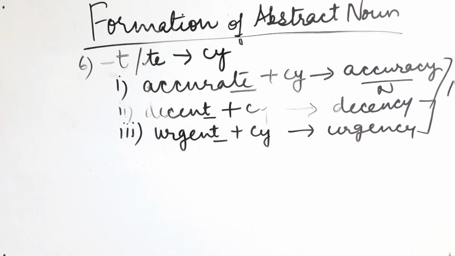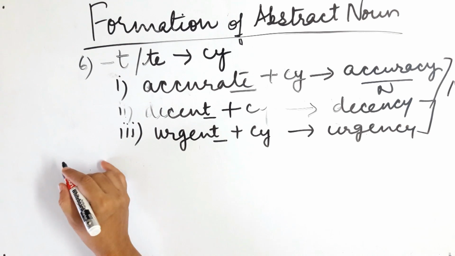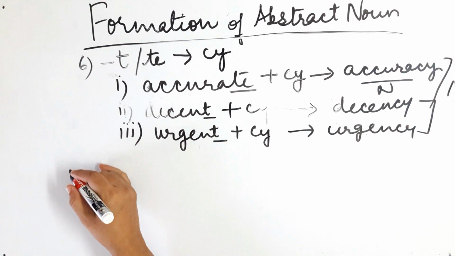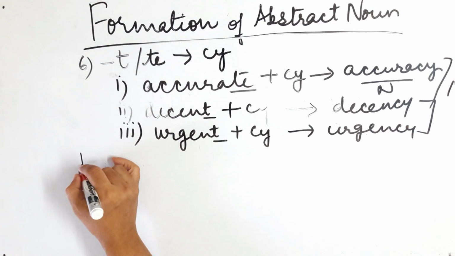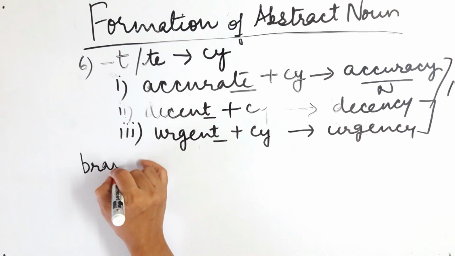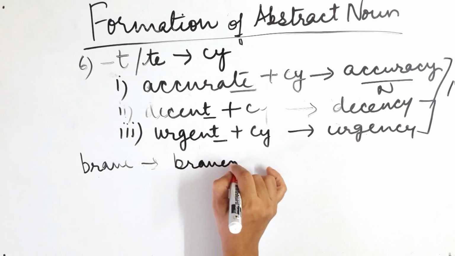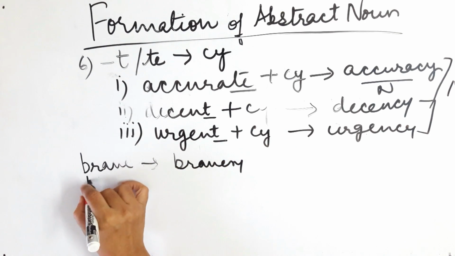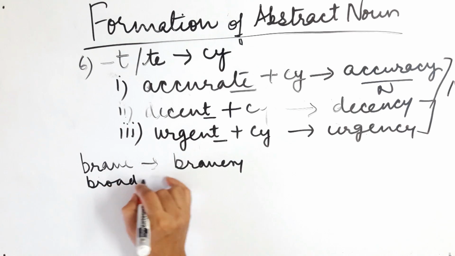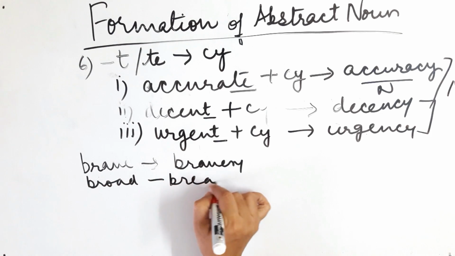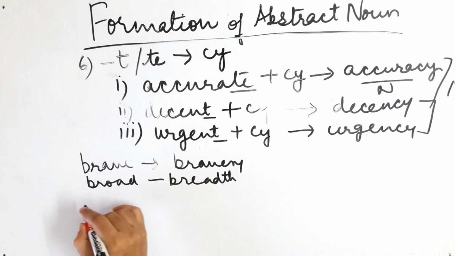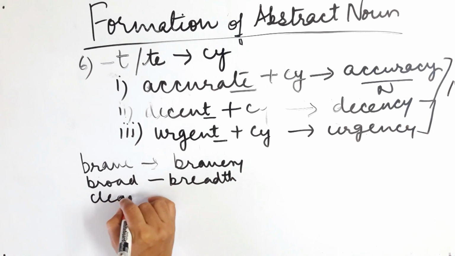Now there are certain other words which do not fall in this category, but the entire word is changed. They are also adjectives, like brave. Brave becomes bravery. Then broad. Broad becomes breadth. Then I have a word like clean.